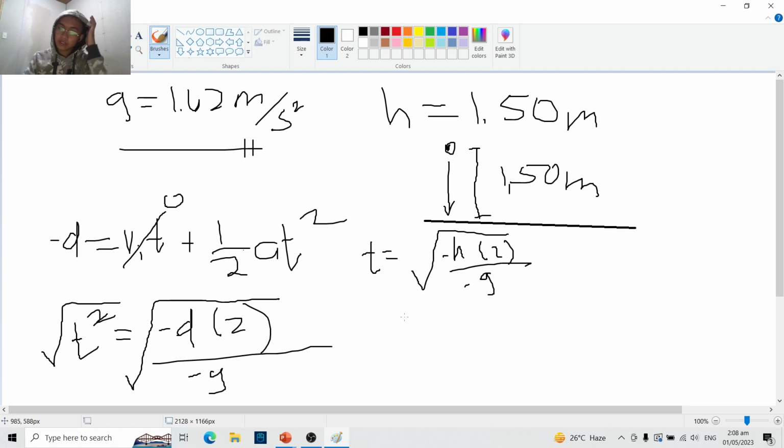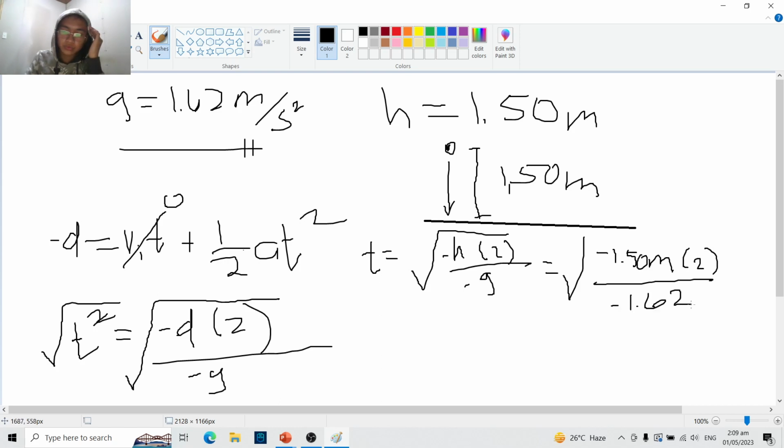So we solve: the square root of negative 1.5 meters times 2 over negative 1.62 meters per second squared.